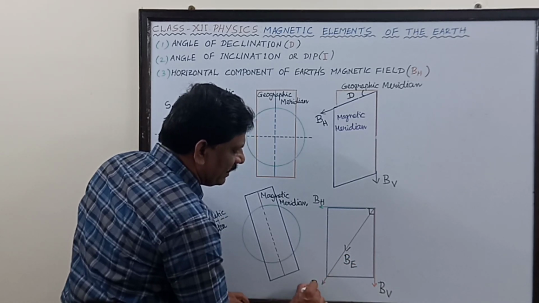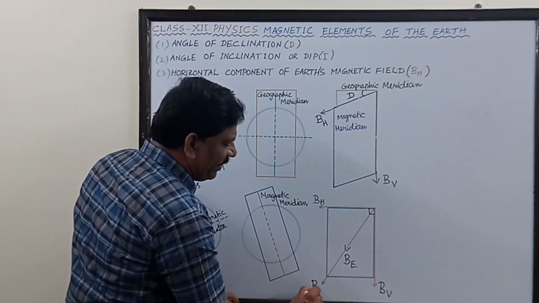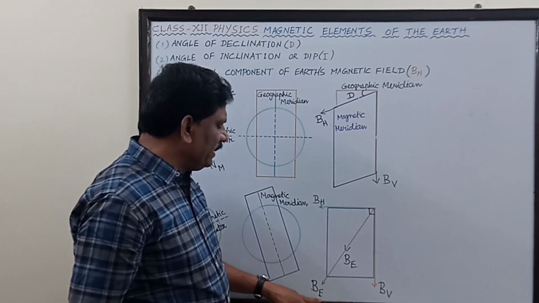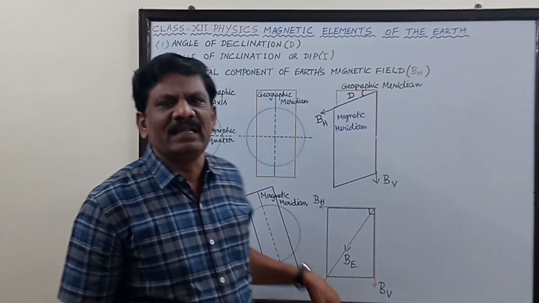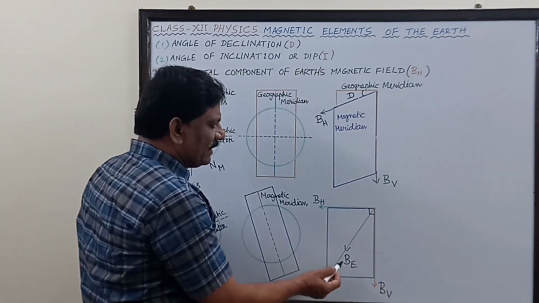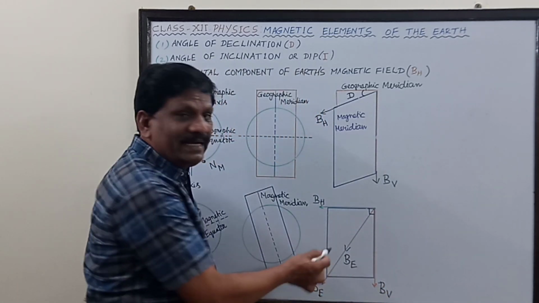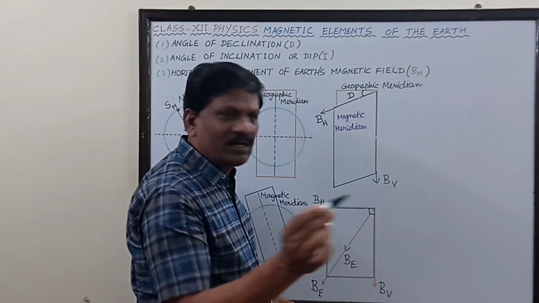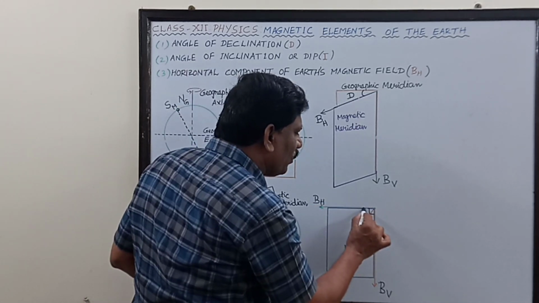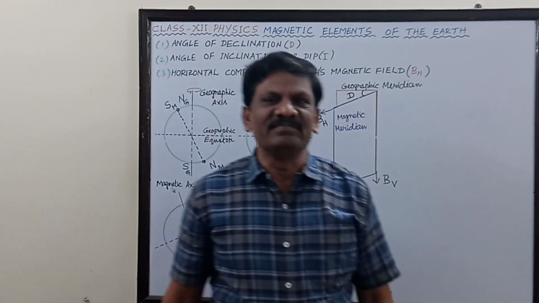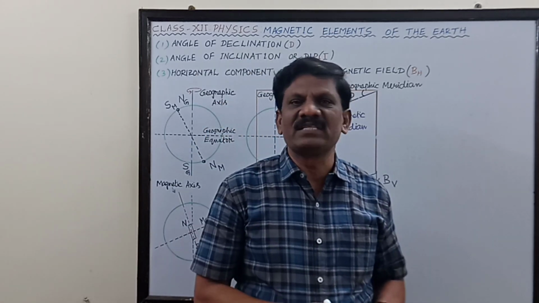E represents earth, so BE represents the resultant magnetic field of the earth. And BE makes an angle with the horizontal component. This angle only is called the angle of inclination. Very easily now you must have understood.